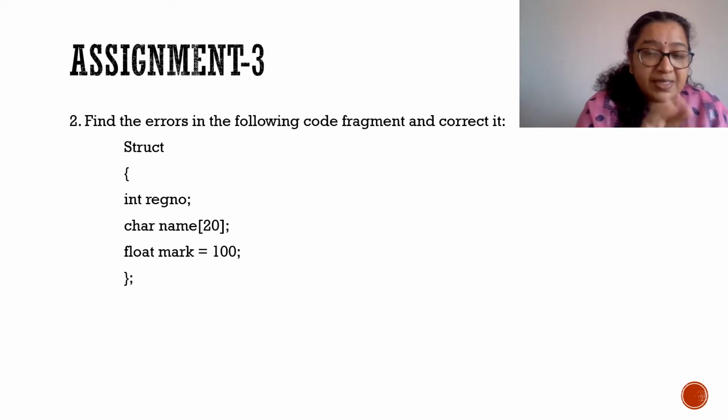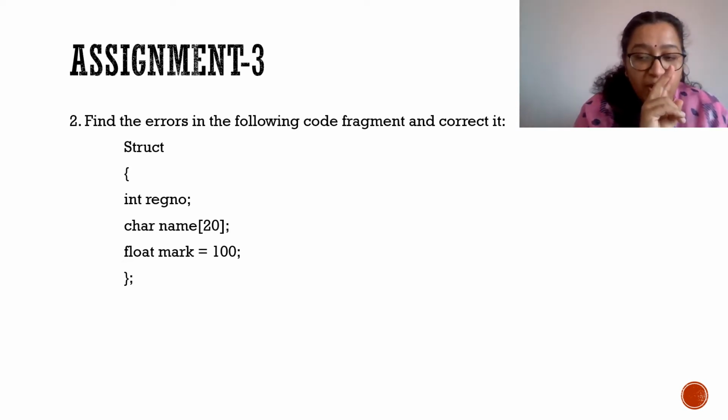S is capital. Struct, there is no definition name. Okay, we can write the definition without structure name. We can write the variable name. But here variable name is also not there. So structure name or variable, any one of them is a must.